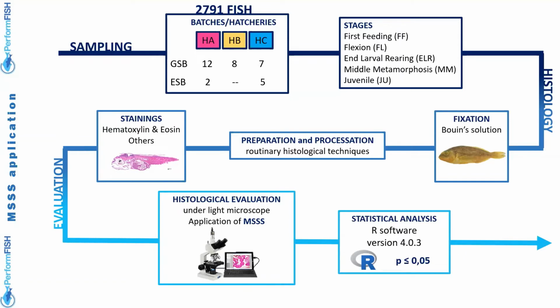The samples were observed under the optical microscope, and our scoring system was applied for all descriptors, and the OCV between hatcheries was assessed. The key results will be discussed with respect to the fixed threshold. The values are reported as mean plus or minus standard deviation. And of course, we use a non-parametric statistical analysis to indicate significant differences.